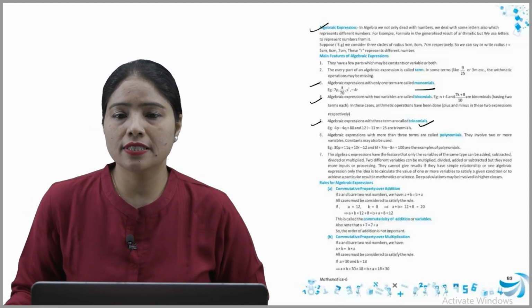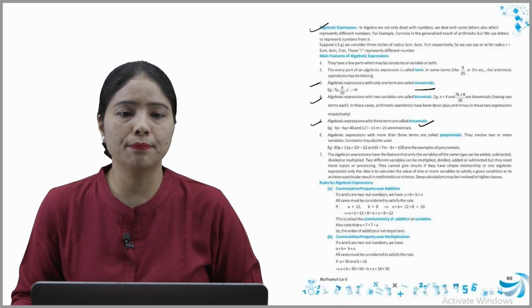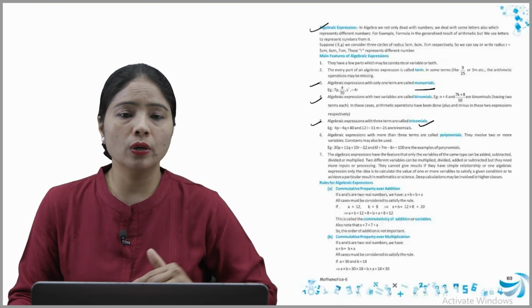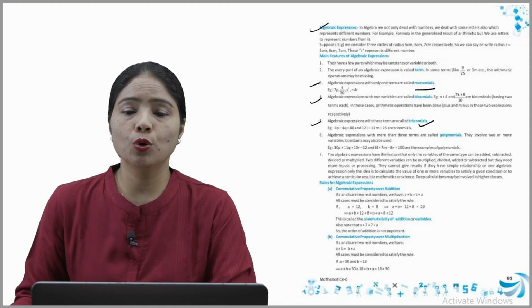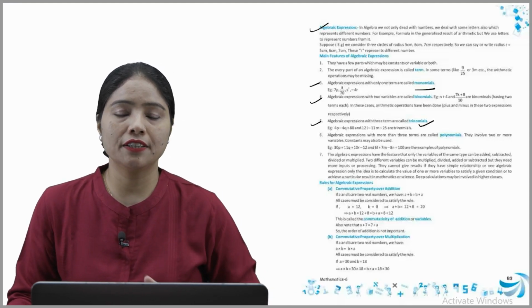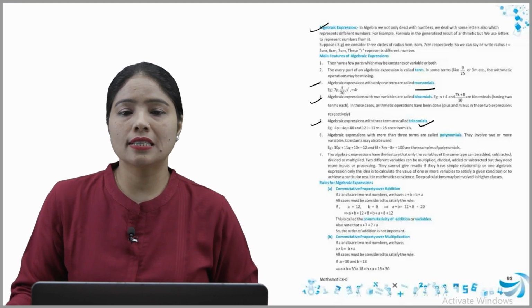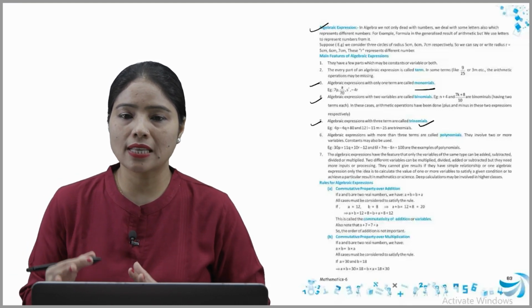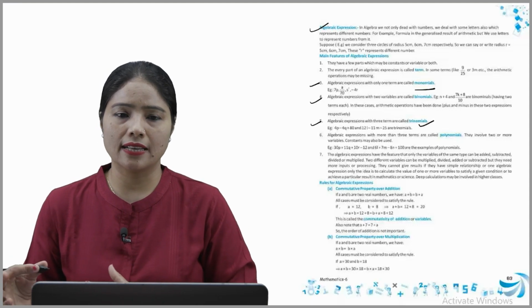They cannot give results if they have a simple relationship or one algebraic expression. The only idea is to calculate the value of one or more variables to satisfy a given condition or to achieve a particular result in mathematics or science. So deep calculations may be involved in higher classes.